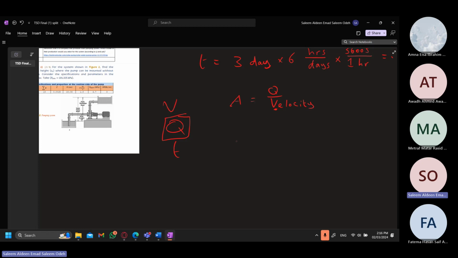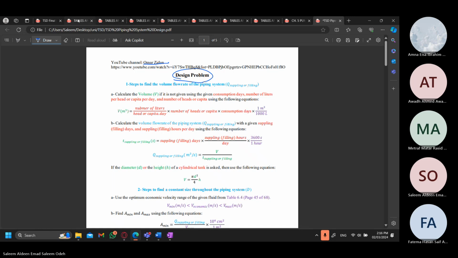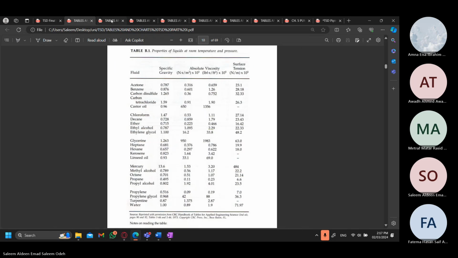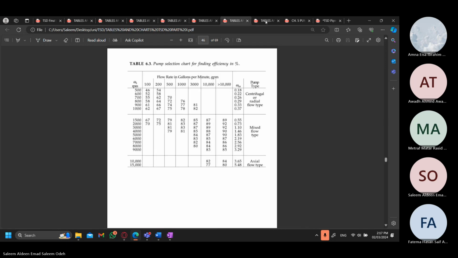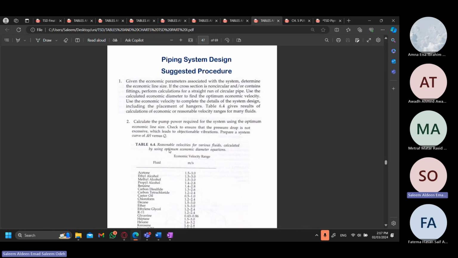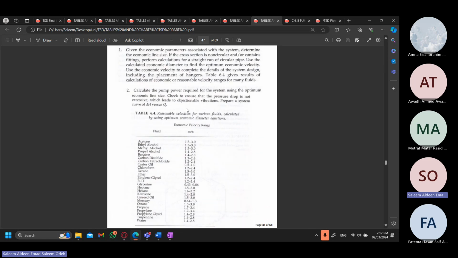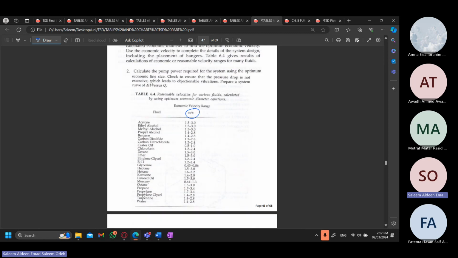Now, here in the piping system design tables, we have on page 45 the range in meters per second for the economic velocity range. Here it shows all the different types of fluids, but in our question, they told us that the fluid is water. So we'll use the range of 1.4 to 2.8 meters per second.